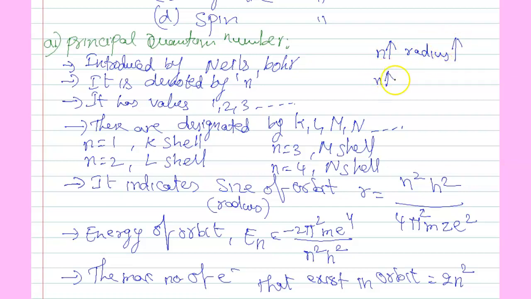If n value increases, energy also increases. So the radius value is r equal to n square h square by 4 pi square m z e square, and energy is En equal to minus 2 pi square m e power 4 by n square h square. The maximum number of electrons in each orbit is 2n square.